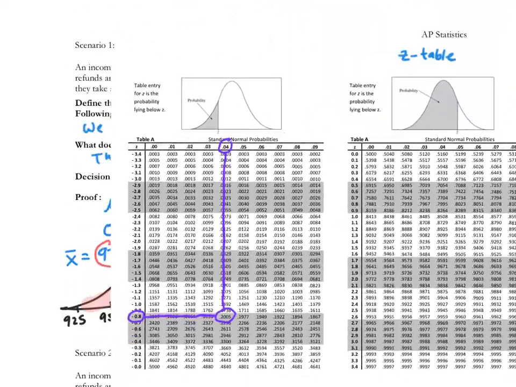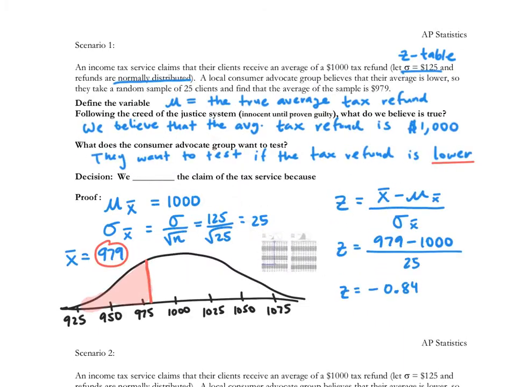Because remember, I just want to remind you guys that the z-table shades everything below, and remember we're shading everything below 979. Okay, so we're going to move this out of the picture and put it down here. All right, so we're going to say that the probability that the average is less than 979 is, from the z-table, 0.2005.